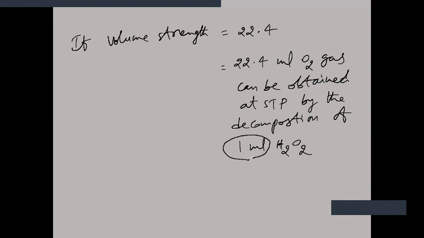If you decompose 1 ml of H2O2, how many ml of oxygen is coming here? 22.4 ml of oxygen gas is coming at STP condition, standard temperature and pressure. So 22.4 volume strength means 22.4 ml oxygen gas will be released at STP by decomposing how many ml of H2O2? 1 ml of H2O2.